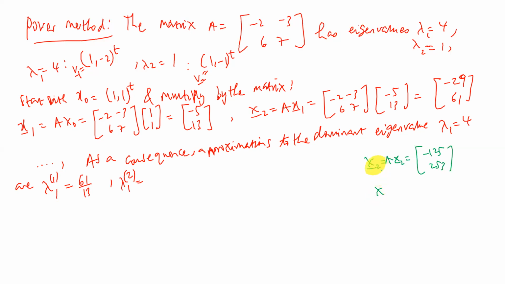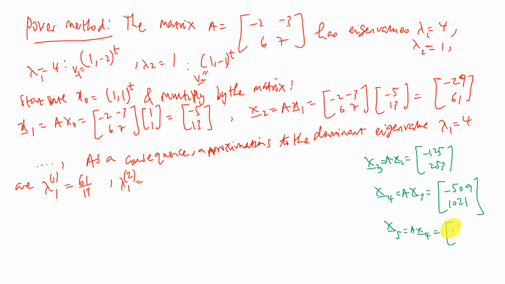Then x4 is A x3, which is -509, 1021. Just multiply the matrix A with the previous one. And then you have x5, which is A x4.